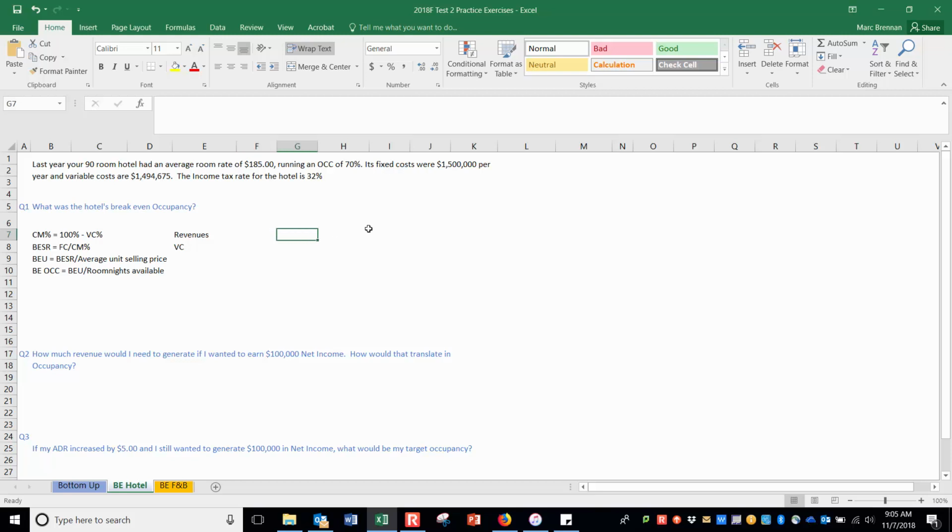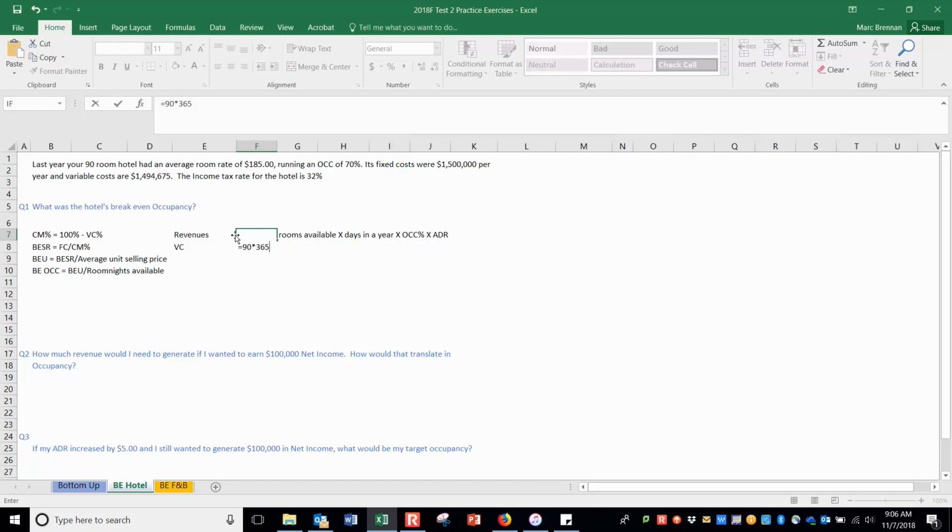To do this, we're going to take our rooms available from last year, which is 90 rooms, and multiply it by how many days there are in a year. We then multiply it by the occupancy percentage from last year, and then finally by our average daily rate. So rooms available, 90 rooms, times days of the year gives me the number of room nights available for the whole year.